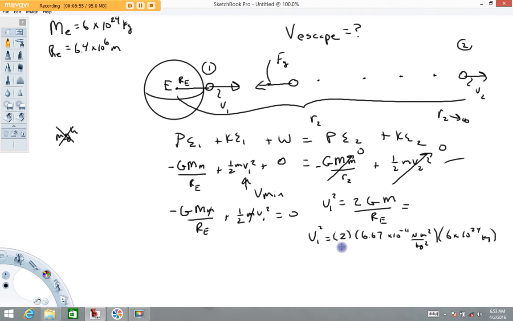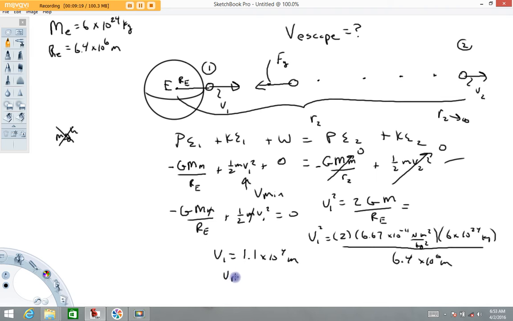And then that's all over the radius of the Earth, 6.4 times 10 to the 6 meters. If we work this out and solve for V1, and don't forget to square root it, you're going to get about 1.1 times 10 to the 4th, I believe. I think I've done that calculation lots of times.